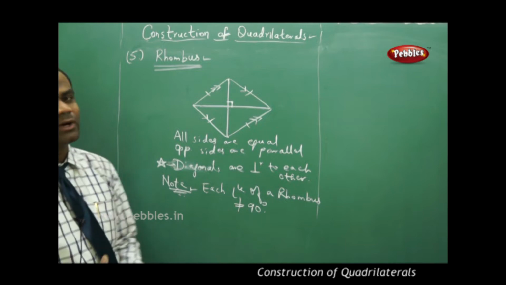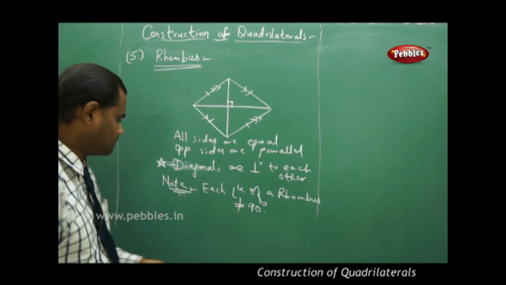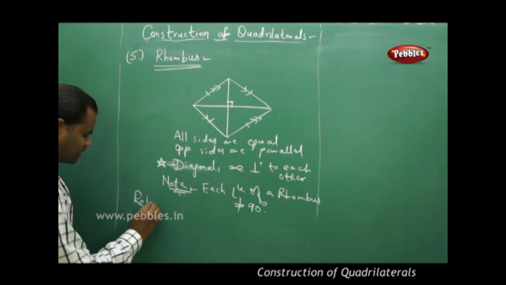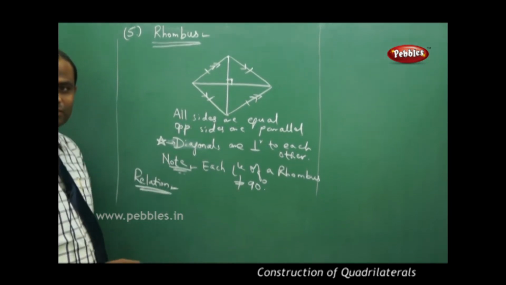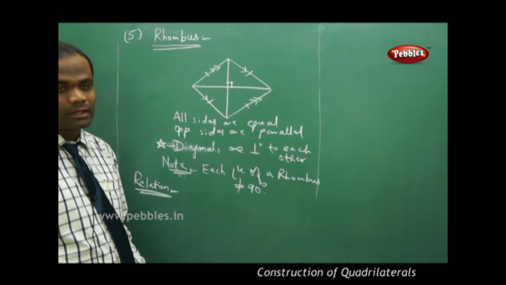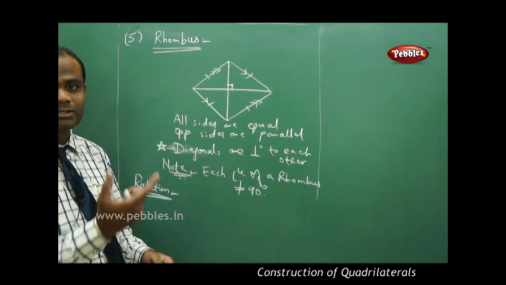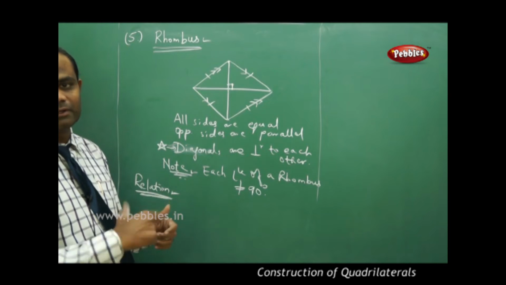Now, can we call a square a rhombus? When I take the relation between a square and a rhombus, can we call a square a rhombus or a rhombus a square? Neither the square can be called a rhombus nor a rhombus can be called a square, because they differ in their properties.